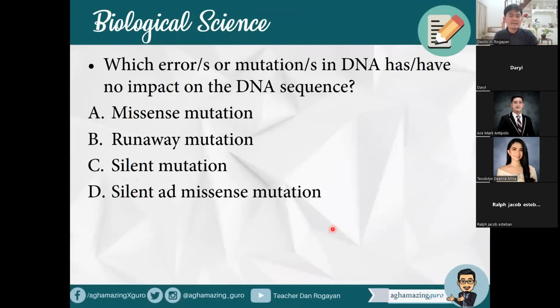Next. Which errors or mutations in DNA have no impact on the DNA sequence? A, missense mutation. B, runaway mutation. C, silent mutation. D, silent admissense mutation. All right, what's the answer, teachers?